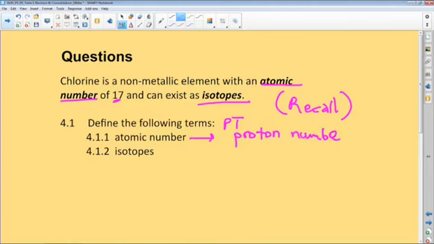So in other words, when you look at chlorine, the symbol is Cl. Then let's say we've got 17 there. Then let's say maybe 35, okay? Right. So the 17 is the proton number, which has to do with the number of protons, which is exactly what the atomic number is all about.